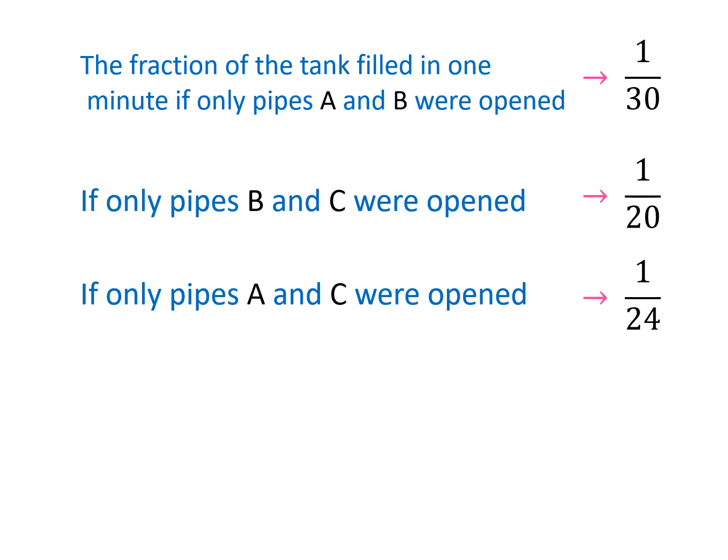To find the fraction that will be filled when A, B and C are all open, we have to divide the sum of these three fractions by 2, or multiply it by half, because 2 times A, 2 times B, and 2 times C are included here.